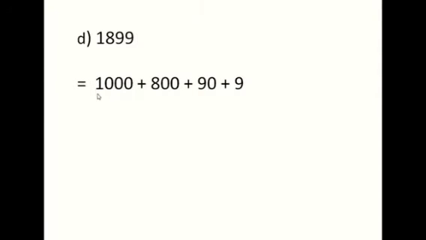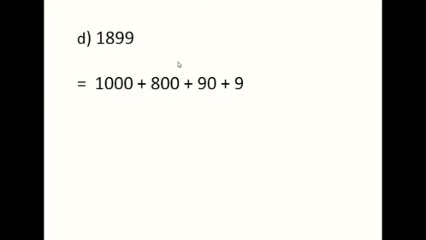Now we have to think of this 1000 in Roman symbol, 800 also in Roman symbol, 90 in Roman, and then 9. So the symbol for 1000, can you remember? M. For 800 we can think of it as 500 plus 100 plus 100 plus 100.